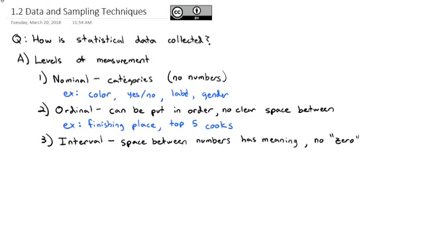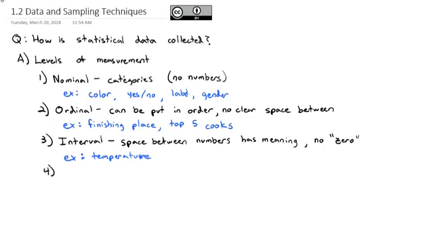The space between the two numbers is well defined, like in the example of temperature. 30 degrees is 10 more than 20 degrees, just like 90 degrees is 10 more than 80 degrees. That space has meaning. And while temperature does have a 0, 0 degrees doesn't mean the absence of temperature or no temperature. It's just a point along the number line that has the same spacing as all the other temperatures.